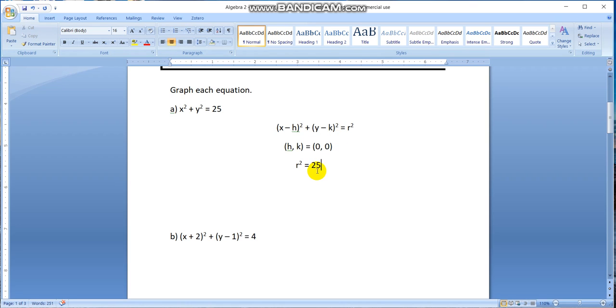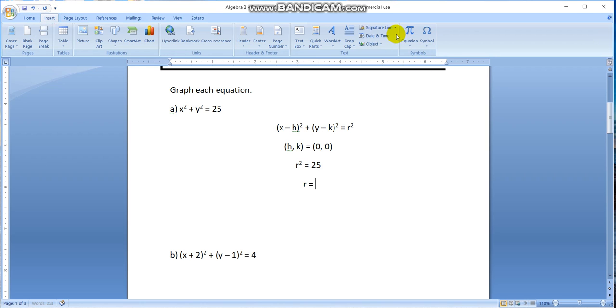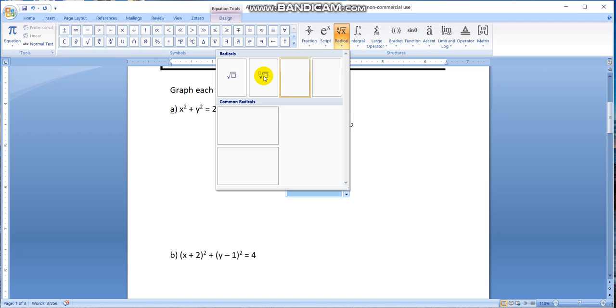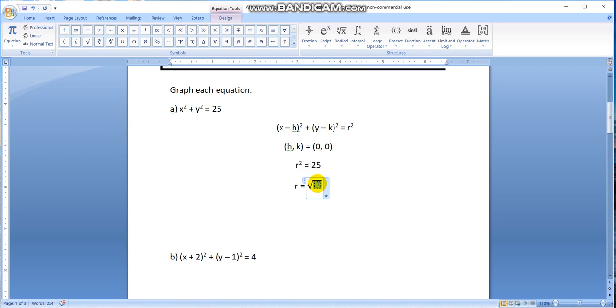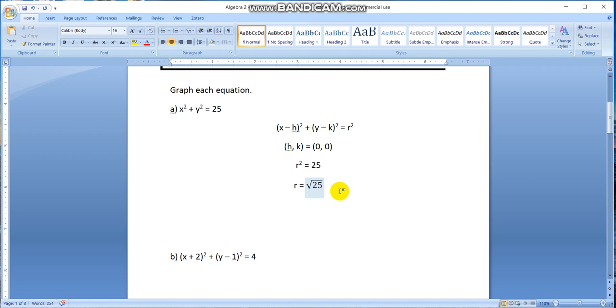If you remember how to get r by itself, you take the square root of both sides. So r equals the square root of 25, and you get r equals 5. So we have two parameters to consider: our center of the circle and our radius.